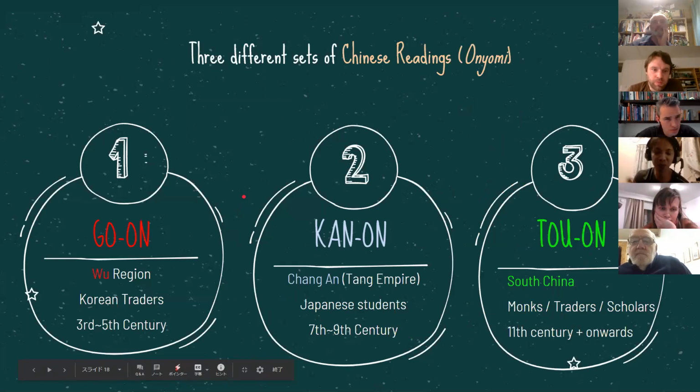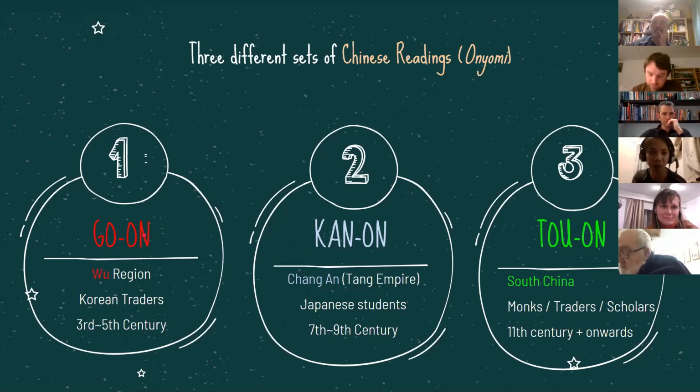And just to make your life more miserable, there are three different sets of Chinese readings, from different Chinese phonetics. They were imported to Japan in three different periods of time. Then the Japanese people decided to keep all these different phonetics together. So that's why the readings can be so difficult.